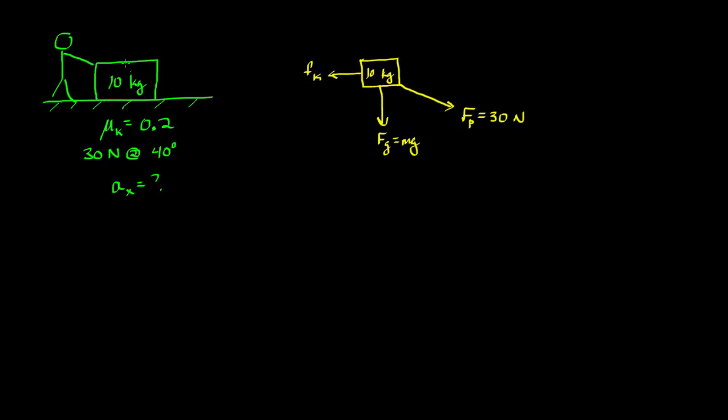And then it's on a solid surface, so we have a normal force pushing up. All right, that's it. Those are all of our forces. Now we want to find the acceleration of the box. Okay, so let's work in the x direction.